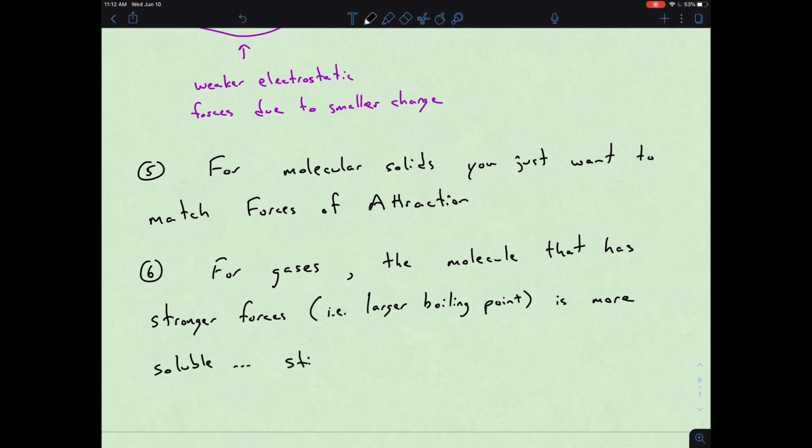And this is still a like dissolves like scenario with the forces of attraction.